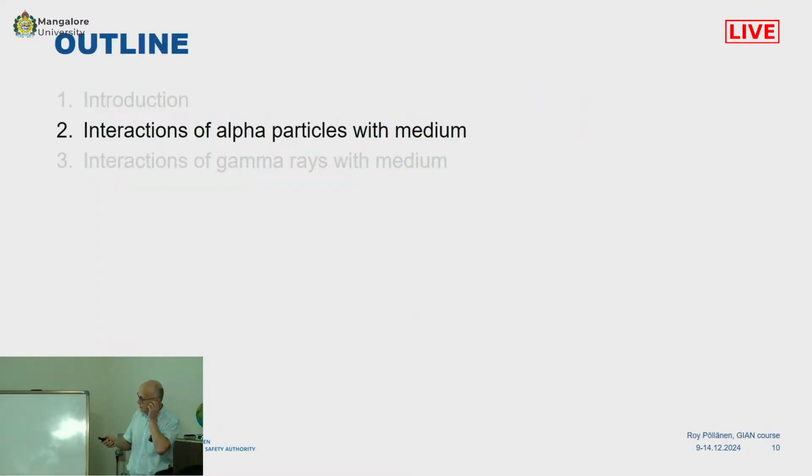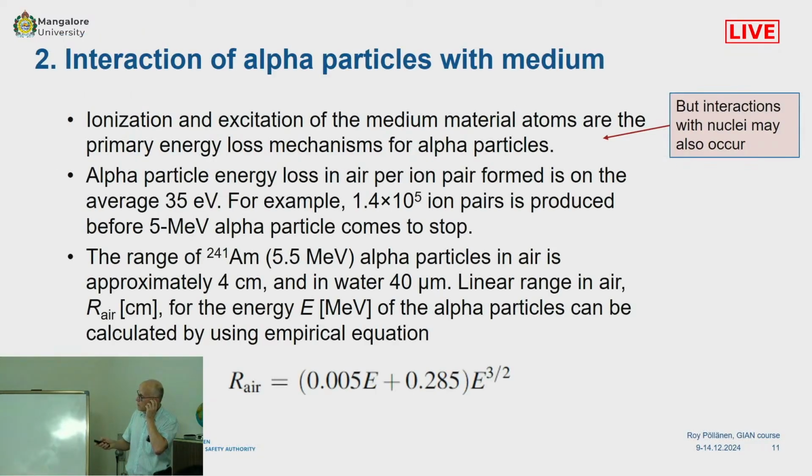Okay, let's look at the interactions between alphas and medium matter. Ionization and excitation are the primary mechanisms. For alphas, the energy loss per ion pair formed is on average 35 electron volts.